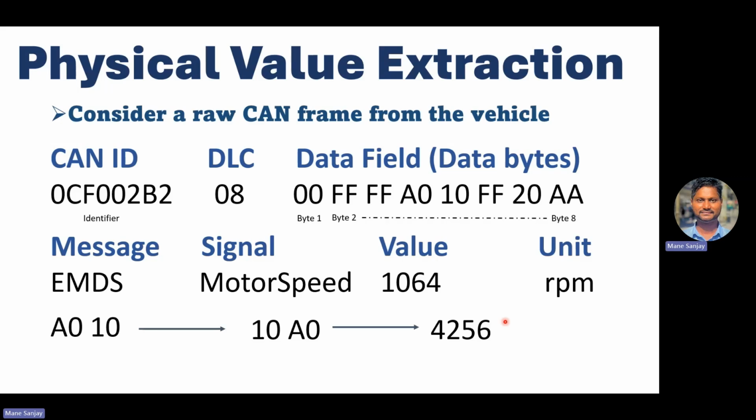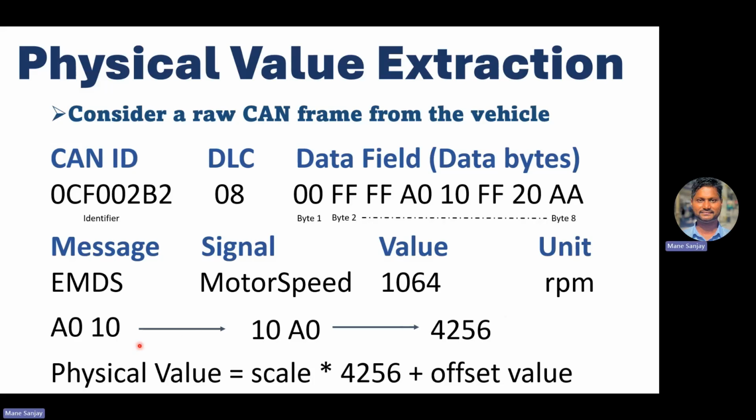But still we have not finished, because the next step is the standard formula for converting from the raw value to the physical value. For all signals defined under the CAN specification, this formula is applicable. The developers, the designers, as well as the suppliers, define the scale and the offset for each signal.